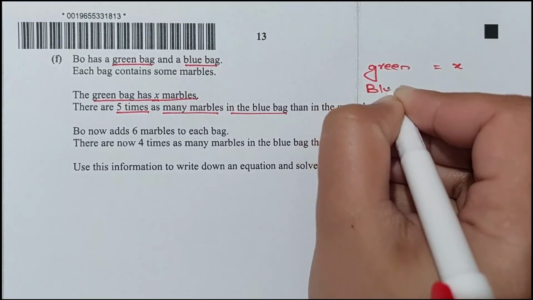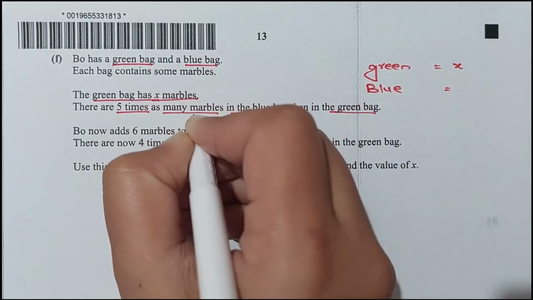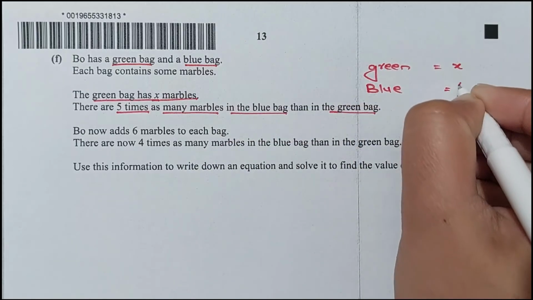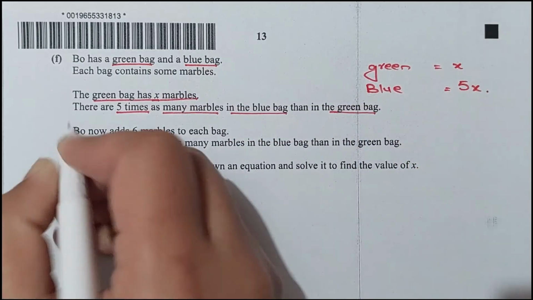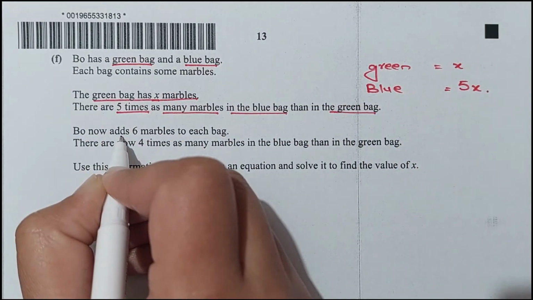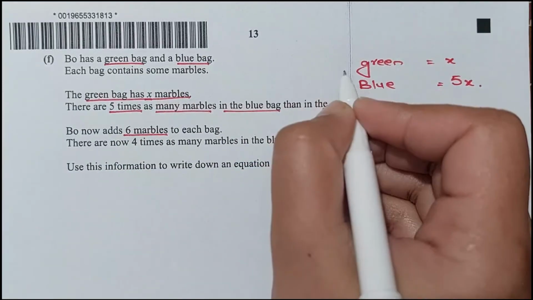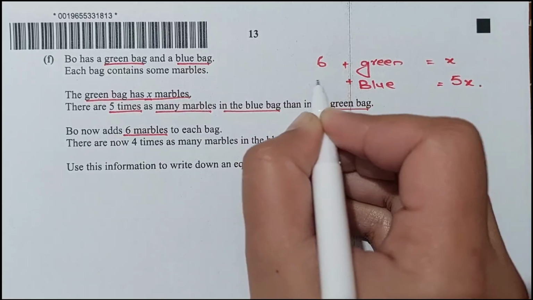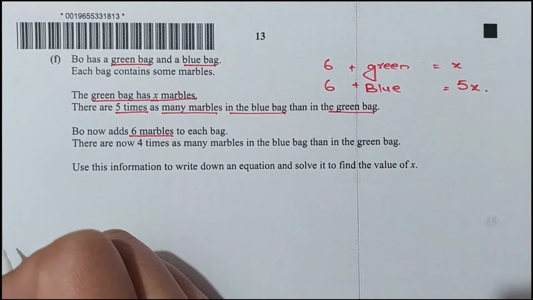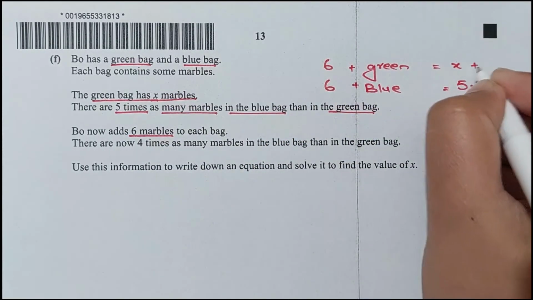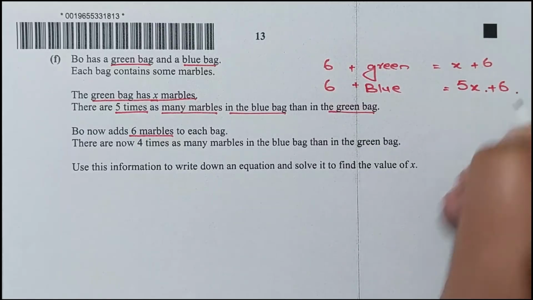The blue bag has 5 times as many marbles as the green, so 5 times x. Bo has now added 6 marbles to each bag. The green and the blue, 6 marbles are added to each.